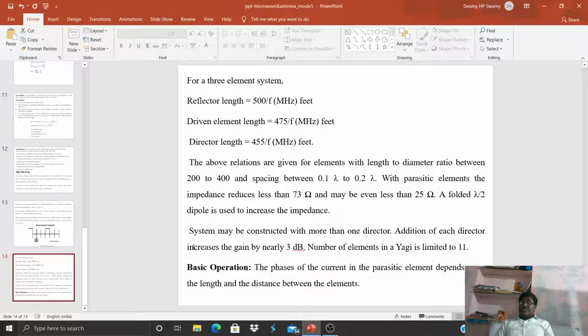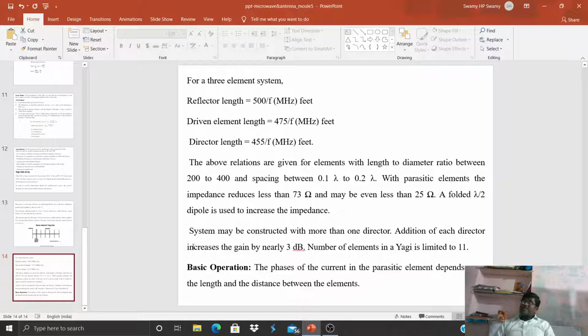What is the length of the driven element? The driven element is connected horizontally, and it is supplied with the input energy which has to be transmitted or radiated by this Yagi-Uda array. Driven element length is 475 divided by signal frequency in megahertz.